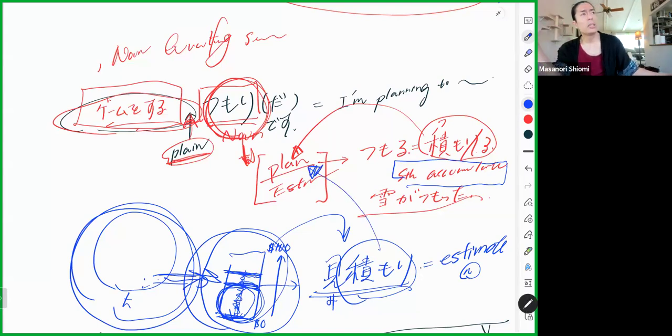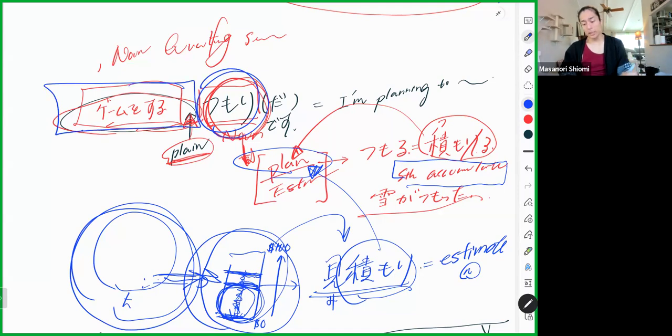We can tell the estimate because we get to see what will happen in the future. The engine works, this; the window doesn't work, this. We are estimating for the future, planning for the future. So it's the plan that I play games, meaning I'm planning to.